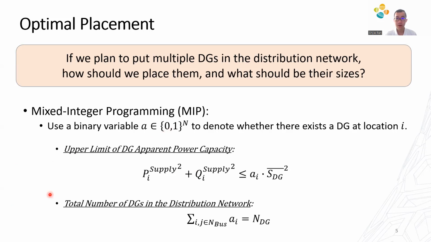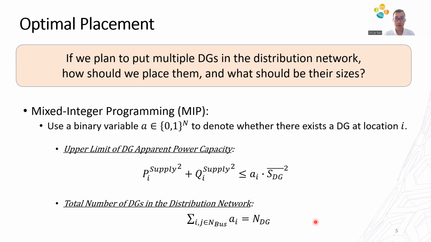The first one bounds the upper limit of DG apparent power capacity. As we have the a here, we can make the right-hand side term 0 when there is no DG, and the active and reactive power supply will also be 0. The second equation represents the total number of DGs in the distribution network.